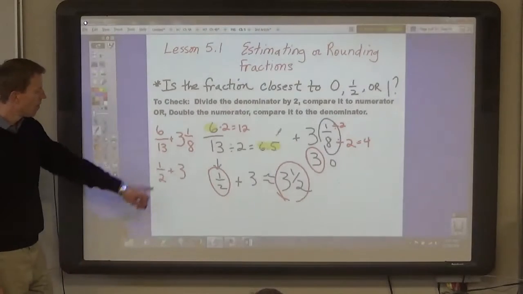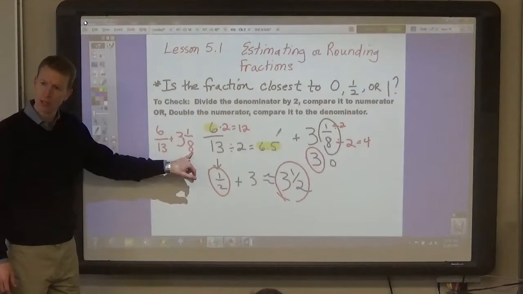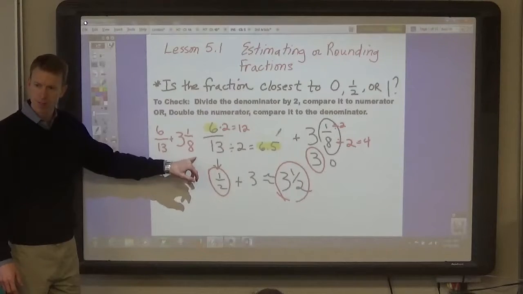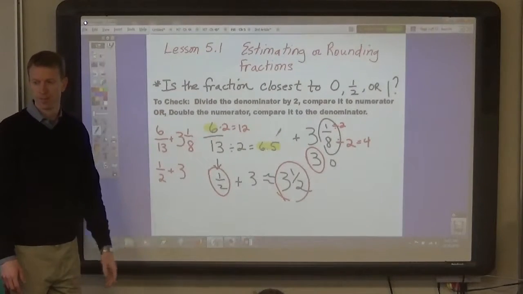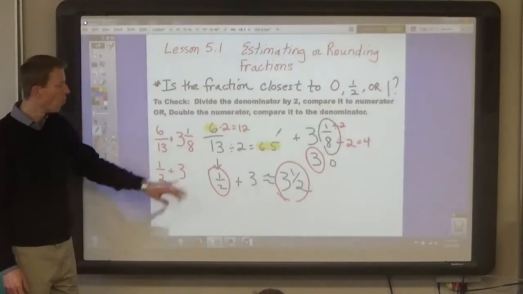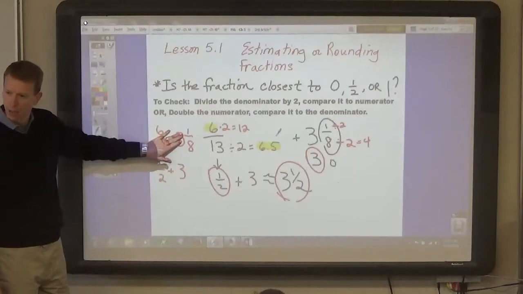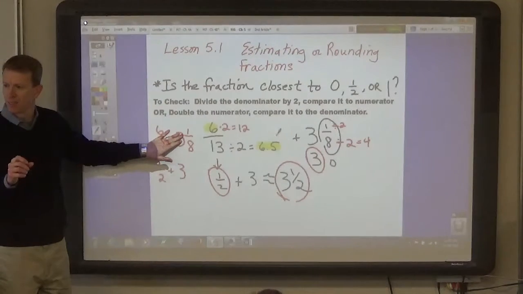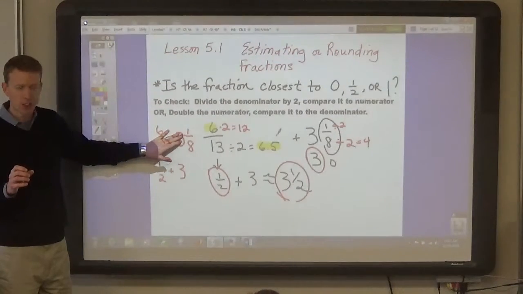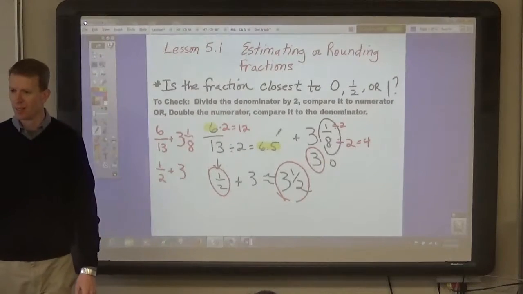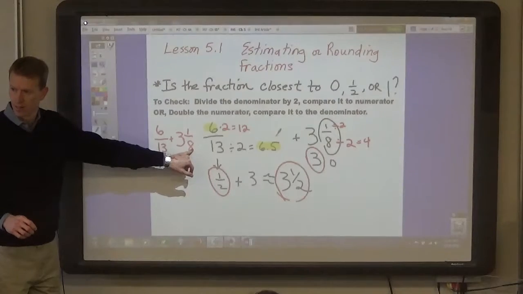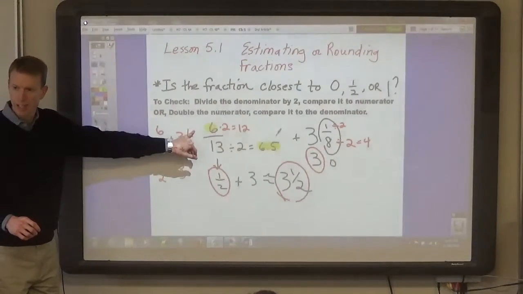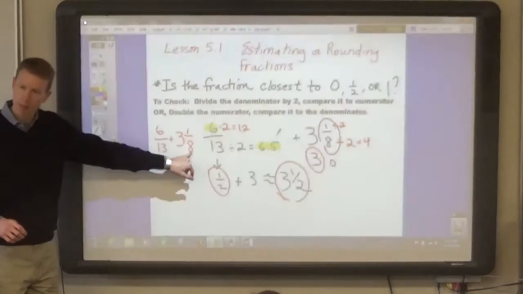We're rounding the fraction portion to either 1/2 or 0 or 1. 1/8, if we look at the fraction 1/8, 1 out of 8 pieces is closest to 0. We're looking at the top number compared to the bottom number.